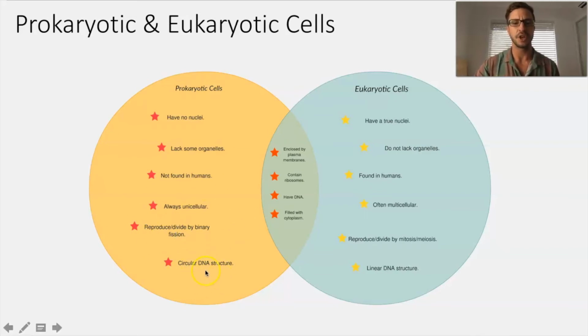And they contain circular DNA, as opposed to eukaryotic cells having a nucleus, having organelles, found in humans, often coming together to make multicellular complex organisms such as you and I, and they reproduce by this process called mitosis and meiosis, and we learned about that in Unit 3 and 4. And DNA, which is passed on, it's ancestral.